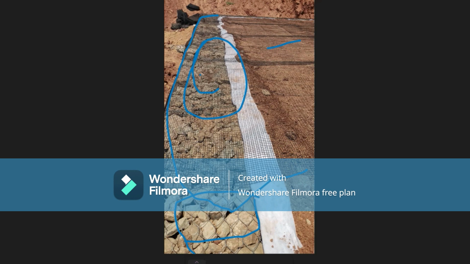The length has to be considered after designing, to resist the pressure from the facing up to the length provided and designed.